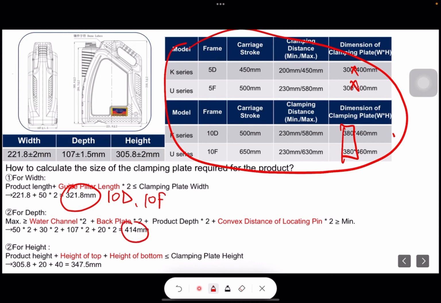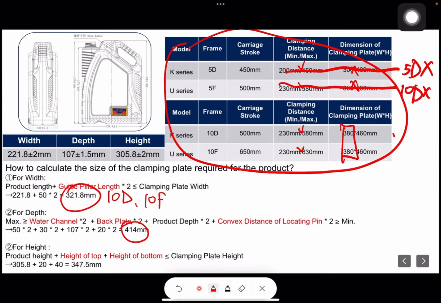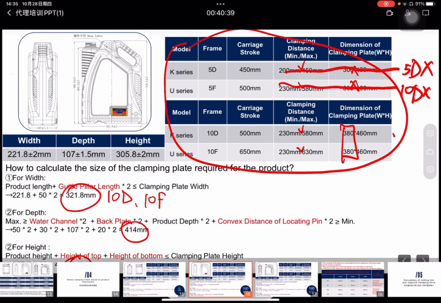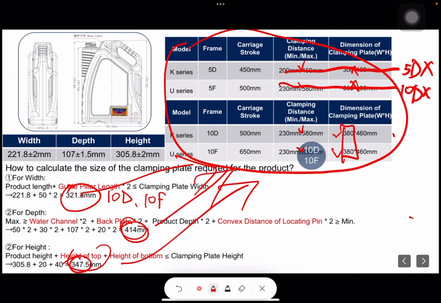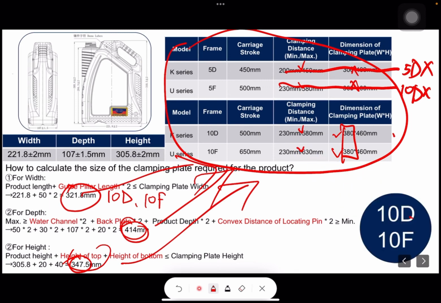Okay, let's come to 401, 414 is okay, but this one is kicked out already. 5D, not okay. 10D, not okay. Kick these two out. And here, 347, all available. So after we match the data with this form, we come to the conclusion that this bottle can only use 10D and 10F.